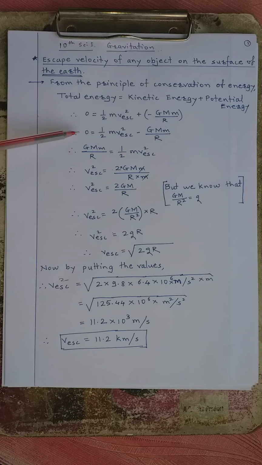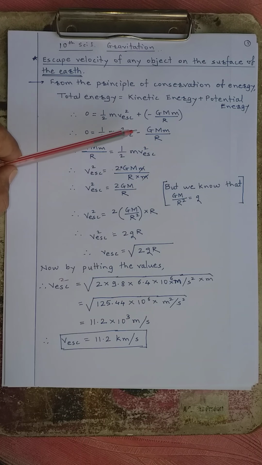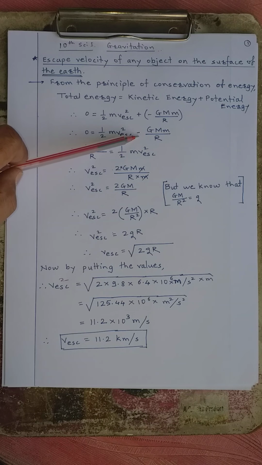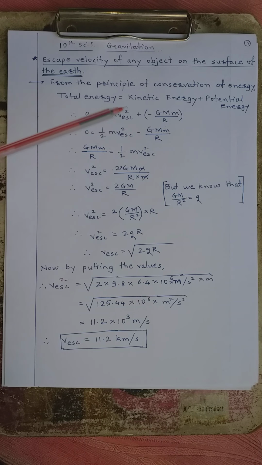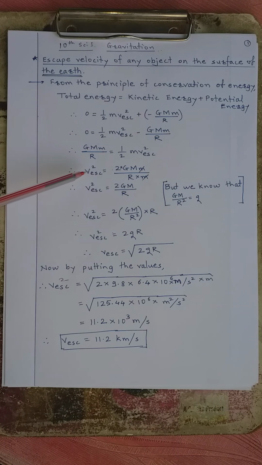Now the next step is 0 is equal to 1/2 mv² minus GMm divided by r. This GMm divided by r, having a negative sign, is transferred to the other side of the equation, therefore we will get GMm divided by r is equal to 1/2 mv². Now this v² will remain as it is on the side and the other values will be transferred to the other side of the equation.